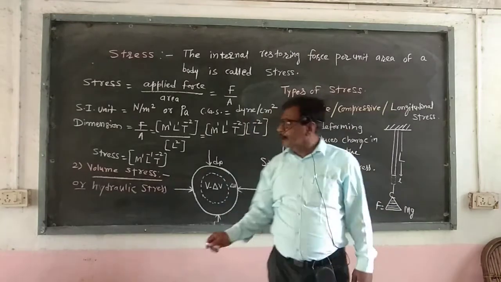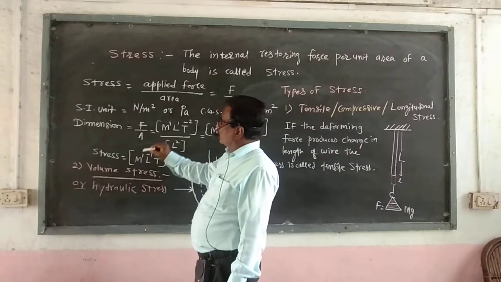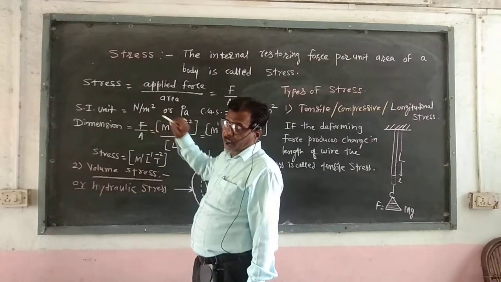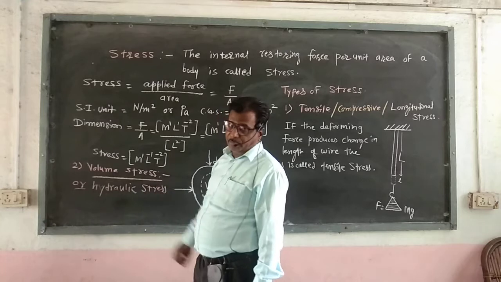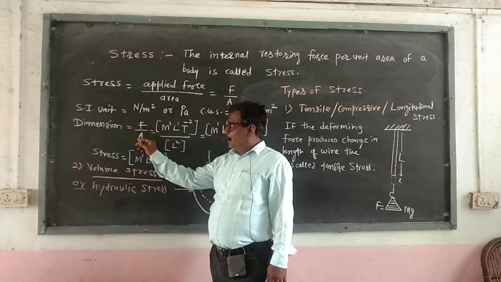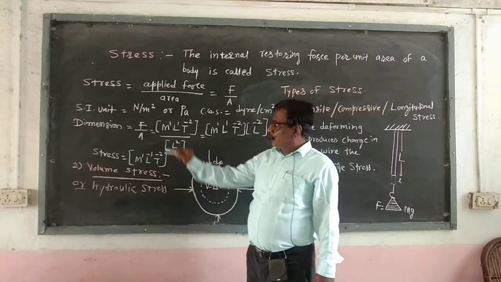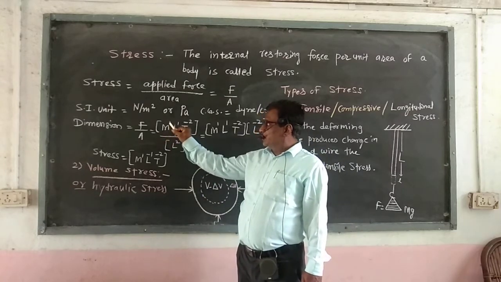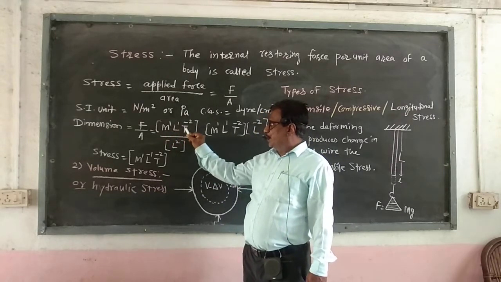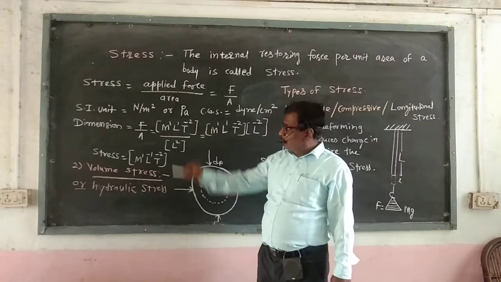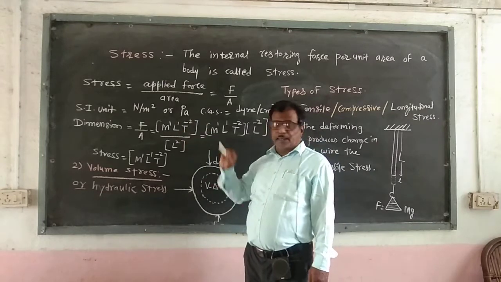So dimension of stress is equal to, we know the formula or definition to find out dimension. Formula for stress is equal to force divided by area. Dimension of force is equal to M raised to power 1, L raised to power 1, T raised to power minus 2, divided by area.